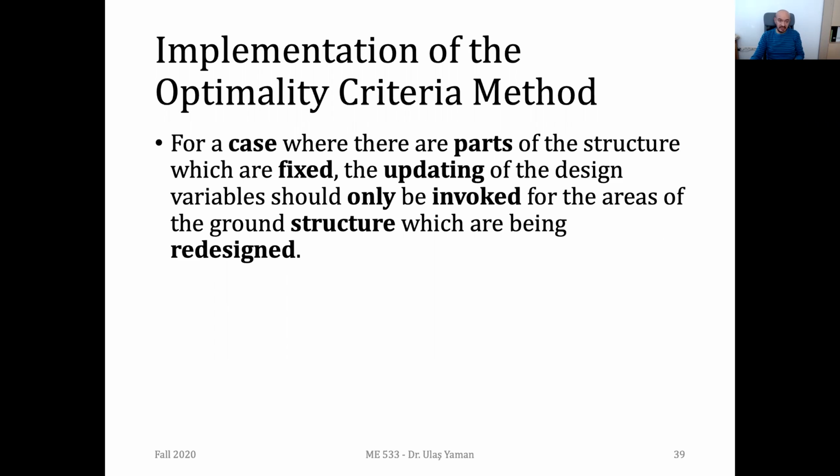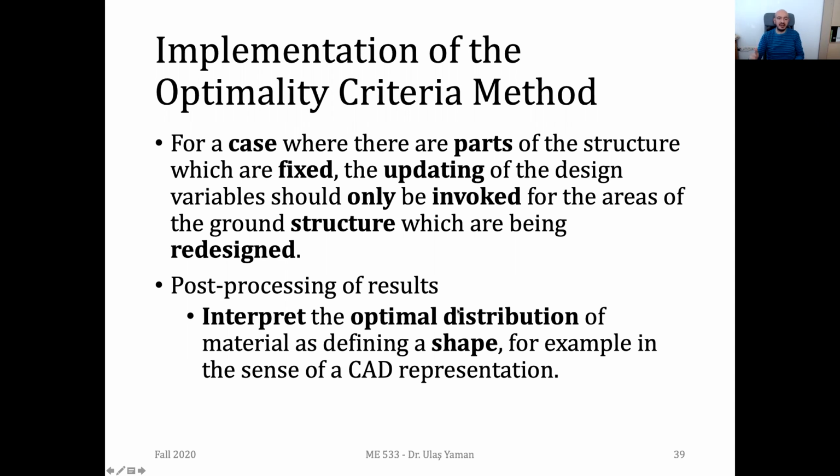And you should also be careful about fixed regions. You may have some regions with material and some regions with no material. You should be aware of all these and try to enforce this limitation in your next iterations. And later, after you are done with optimization, you can do some post-processing to get smoother borders.